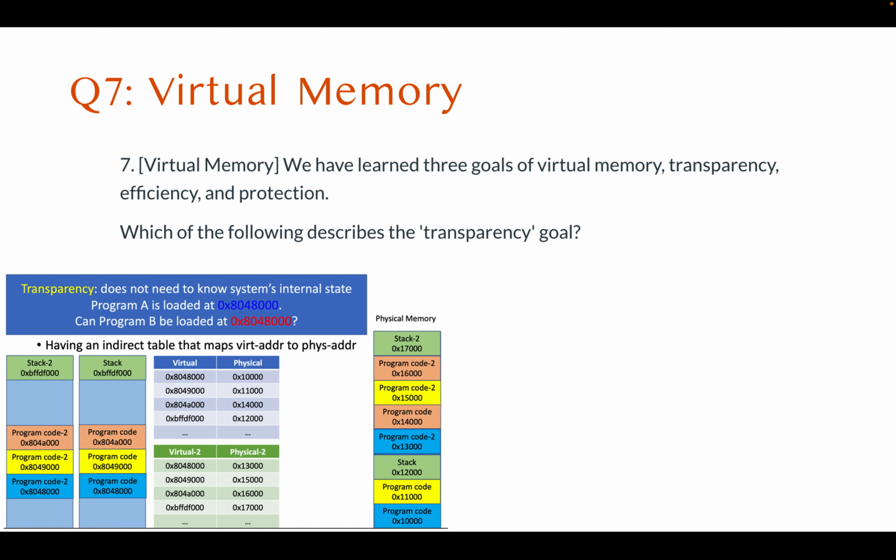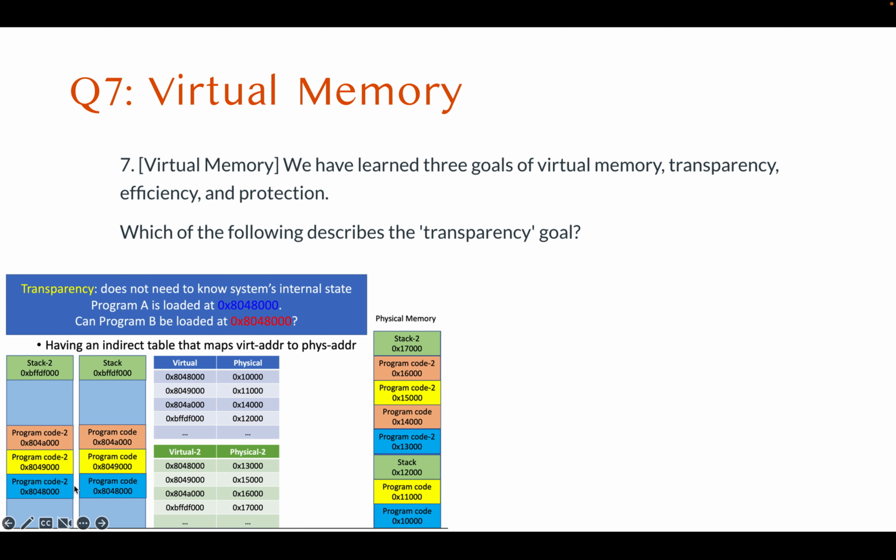If we loaded this program first and then the second program next, the second program would need to be aware of the system state, whether another program has been loaded in the same address. In that case, the second program would need to migrate the region elsewhere, or kick out the first program and be loaded at the correct address.